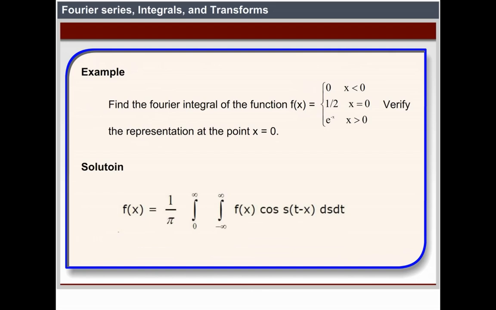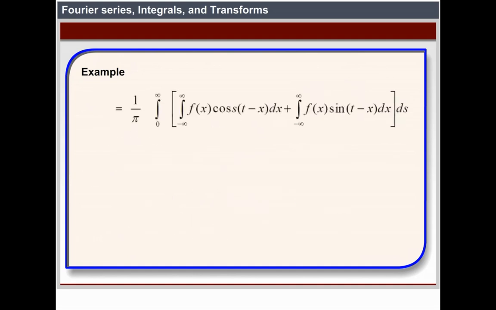Solution. f(x) = 1/π times the integral from 0 to infinity, and again the integral from minus infinity to plus infinity of f(t) cos s(t - x) dt ds, which equals 1/π times the integral from 0 to infinity of [the integral from minus infinity to plus infinity of f(t) cos s(t - x) dt plus the integral of f(t) sin s(t - x) dt] ds.